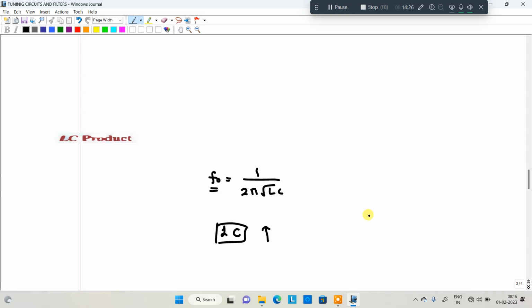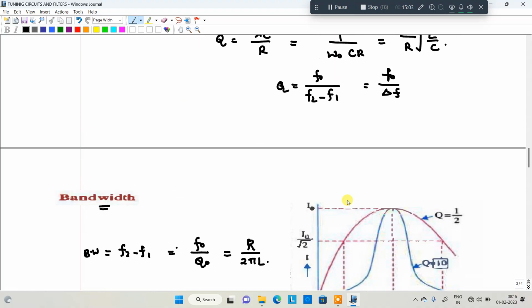If you change the inductor and the capacitor in such a ratio that the product stays constant, the resonance frequency is maintained constant. If you want to see a particular channel on the TV, you need to stabilize the frequency, otherwise the picture will keep blinking. After selecting the resonance frequency, you want to stabilize the frequency level, so L and C should be kept constant. So this is about the resonance frequency of the series circuit. Okay, thank you.